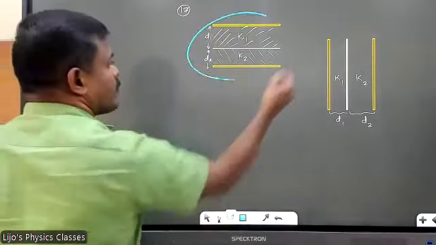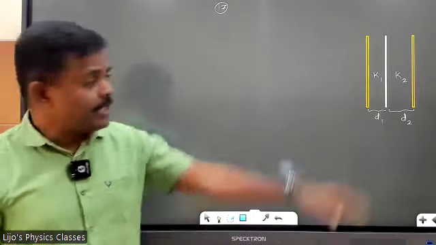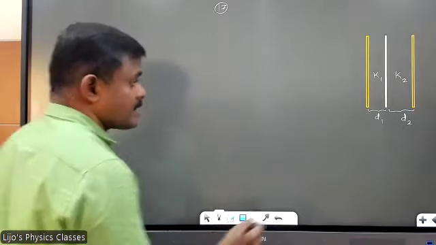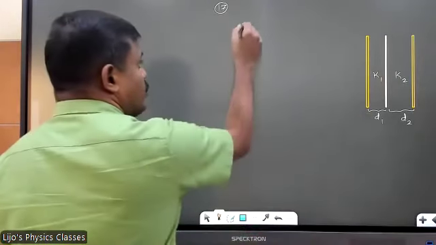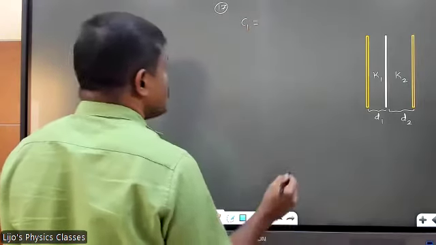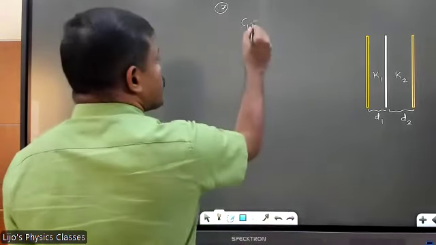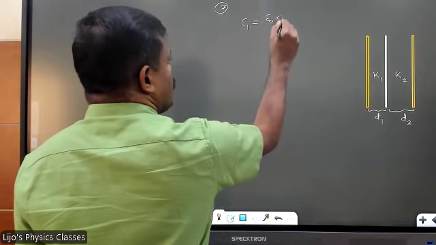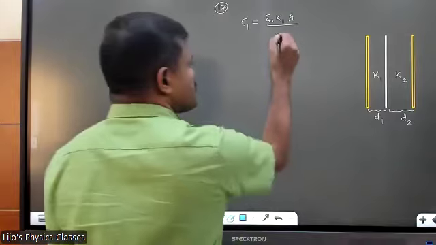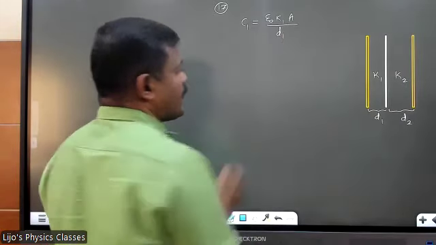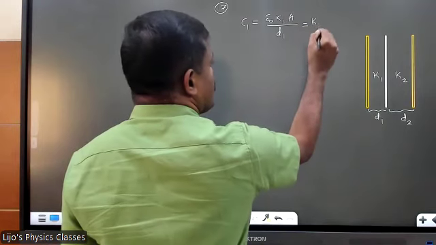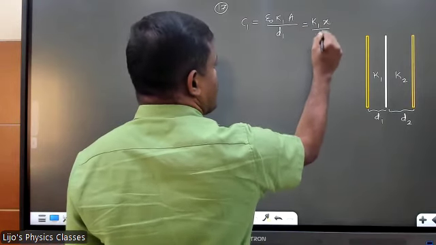And I need to find the effective capacitance in this case. What is the equation for effective capacitance? The left half I'm going to take now. The capacitance of the left half is given by, tell me what? The equation for capacitance is epsilon 0 K1 A by, the spacing is D1. Epsilon 0 K1 A by D1. And I call it K1 x by D1.